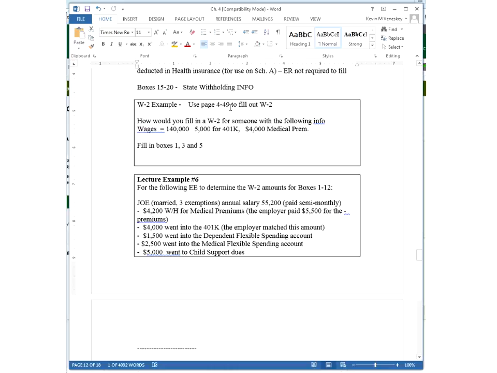So just to give you an example here, and I told you if you want a blank W-2, on page 449 of the text, that's one of the problems, and we're not going to be using it, so we could easily use that to fill it in.